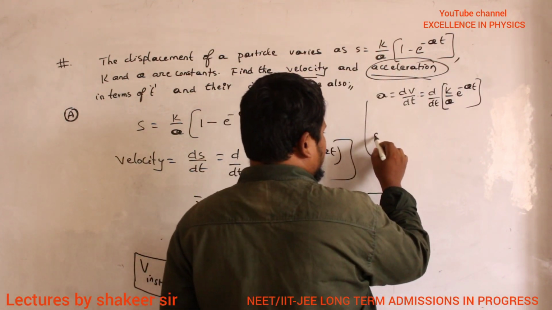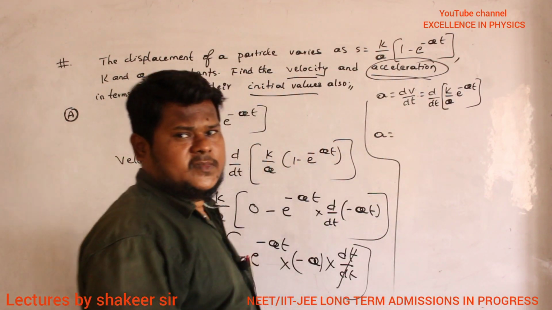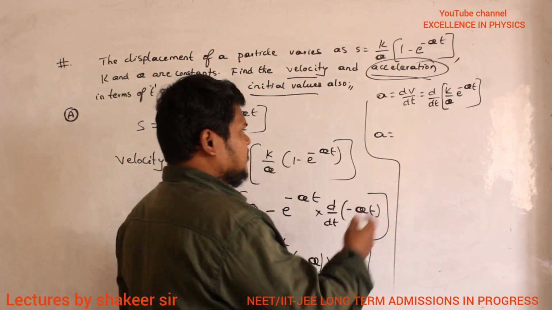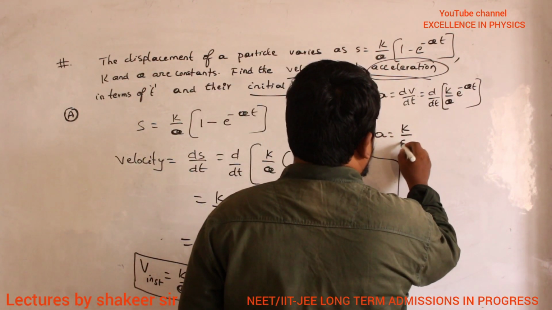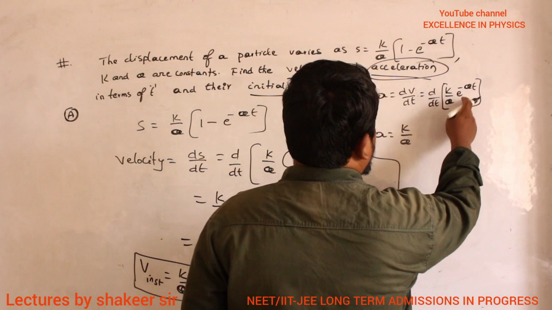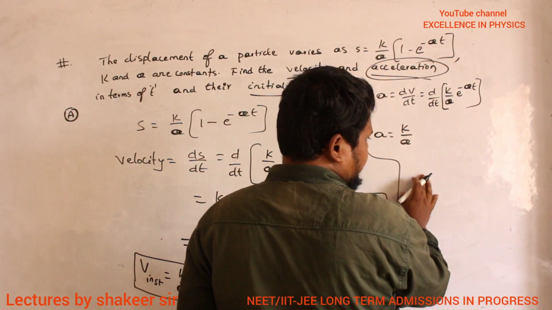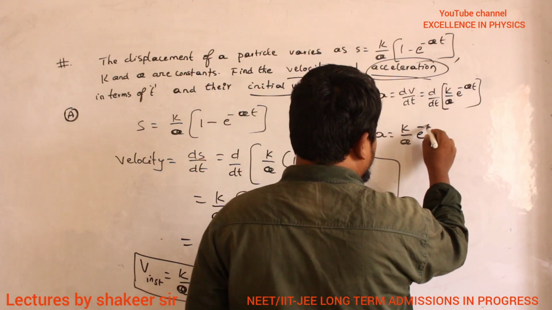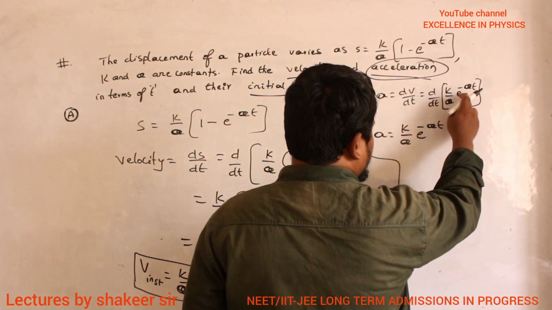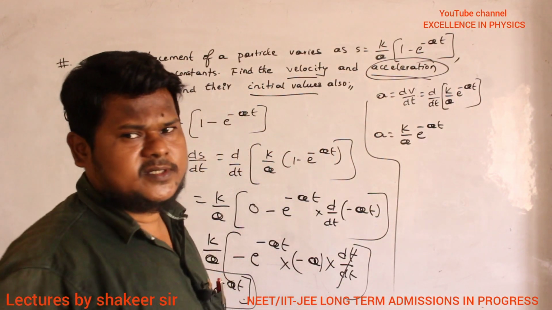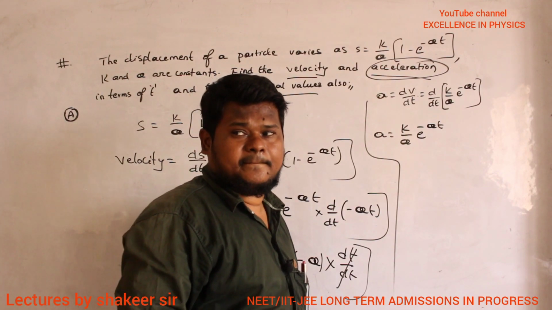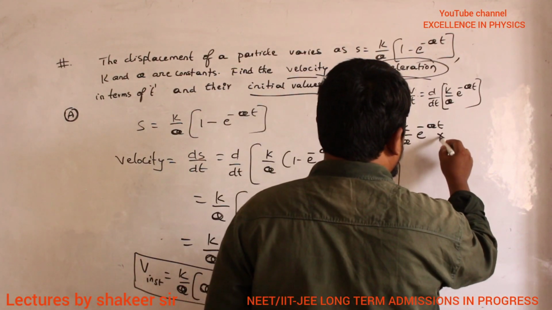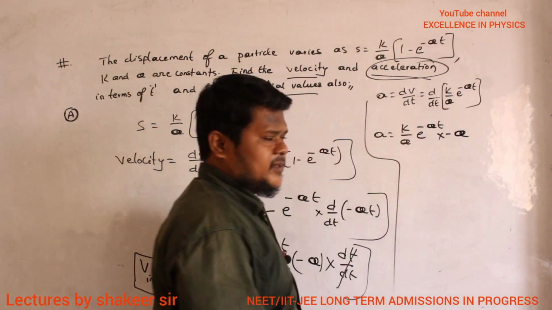Now here k by alpha is a constant, no? K by alpha is a constant. Take it out of differentiation. So k by alpha. Now differentiation of e power minus alpha t is e power minus alpha t only. And t I have not differentiated, no? So differentiation of minus alpha t, tell me. Minus alpha. Chain differentiation we are doing.